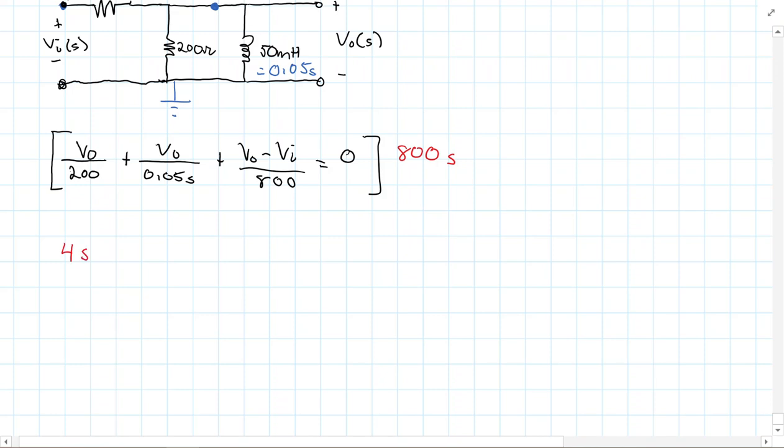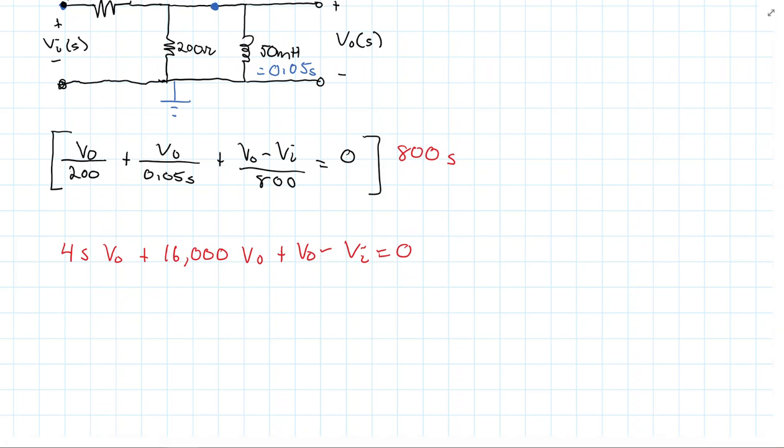So I'd have 4s plus, and now let's be careful here, it's 800 divided by 0.05, so this would be 16,000, and you already probably noticed a mistake I made. 4s times V out, and then 800 divided by 0.05 would be 16,000, and then the s's would cancel, so I'd have V out, and then I have plus V out minus V in. And this is all equal to 0.